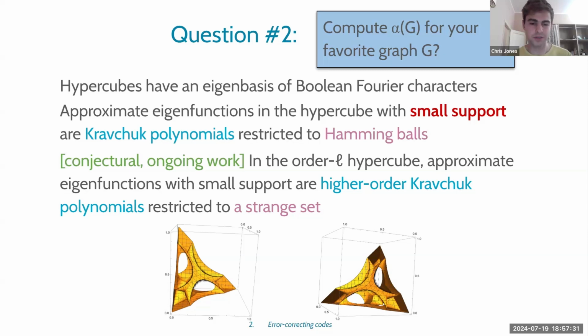Now, I don't want to go too much into the details of this calculation, other than to point out that it seems interesting. It's also ongoing. So if you ask me in the future, I'm sure to tell you some more progress or some more interesting facts about it. Other than to say that it's an interesting approach for this rate versus distance problem. Now, I will flash the definition here of this strange set on the screen so you can read it if you want to pause the video. But other than that, I'll continue on with the talk.